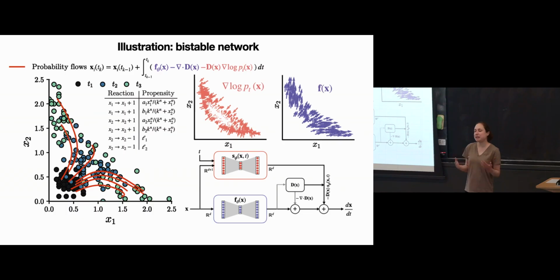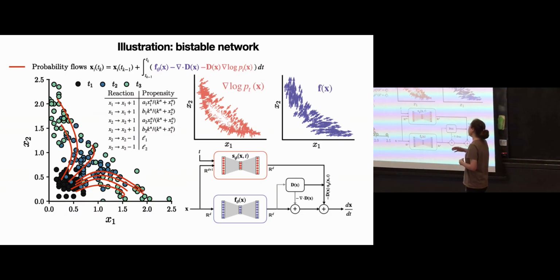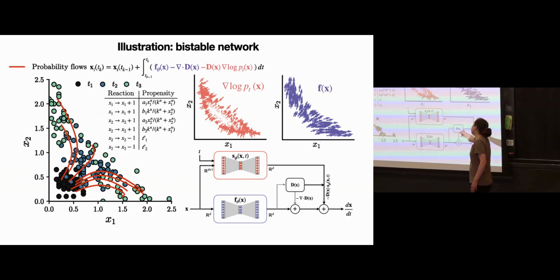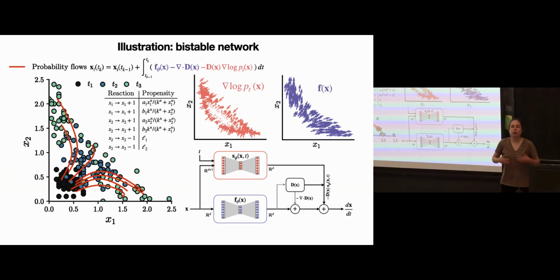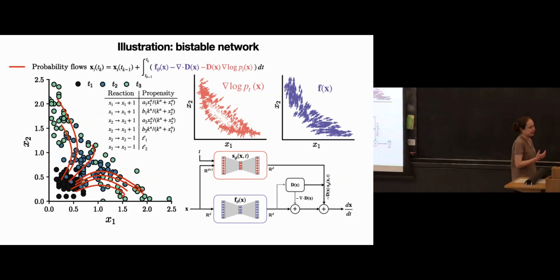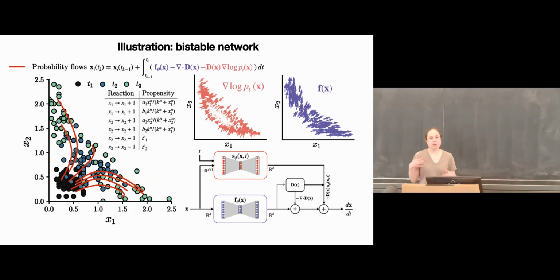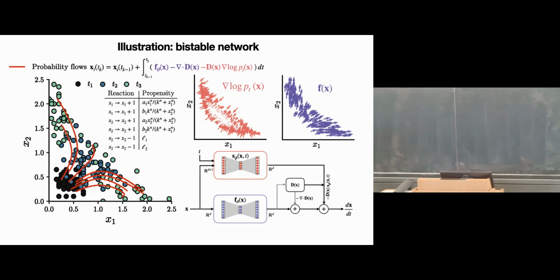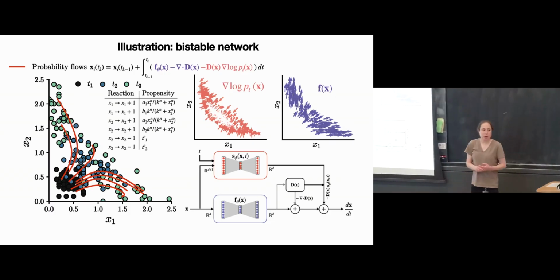This means that although it's written as two functions, D and F, you're really only inferring effectively one nonlinear function, which in the example I showed earlier is the function little g, and that gives you both the deterministic and the noise part.